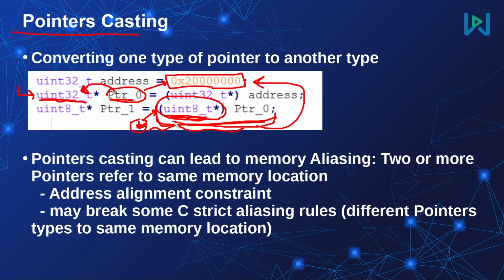The casted pointer, on the other hand, is an 8-bit based pointer. Hence, the access will be 8 bits instead of 32 bits. We can also create an 8-bit pointer out of the casted one, and hence we can initialize this pointer with the casted pointer.